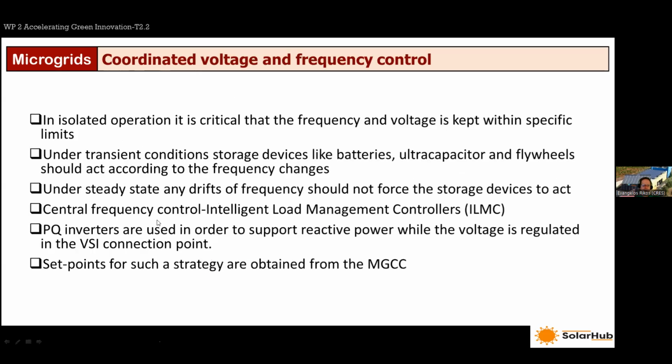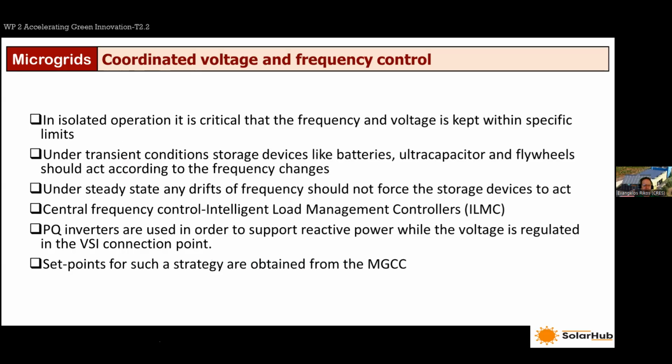Concerning the coordinated voltage and frequency control, this is very important because it is critical that, especially during islanded operation, the frequency and voltage are kept within specific boundaries. Under transient conditions, storage devices like batteries and ultracapacitors should also support the system in terms of frequency changes.